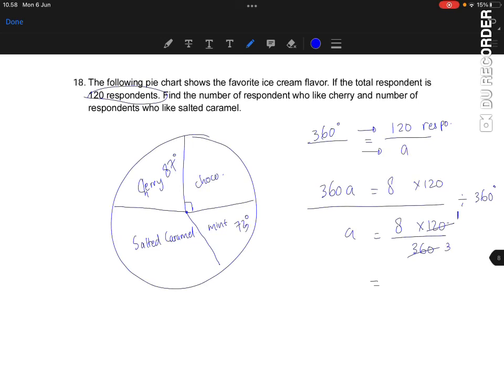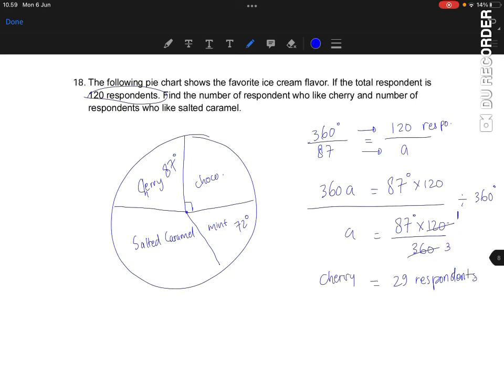Okay, so it's 87. Sorry, I'm going to change it. The cherry is 87 degree, so 87 divided by 3, it's 29 respondent. This one is cherry.